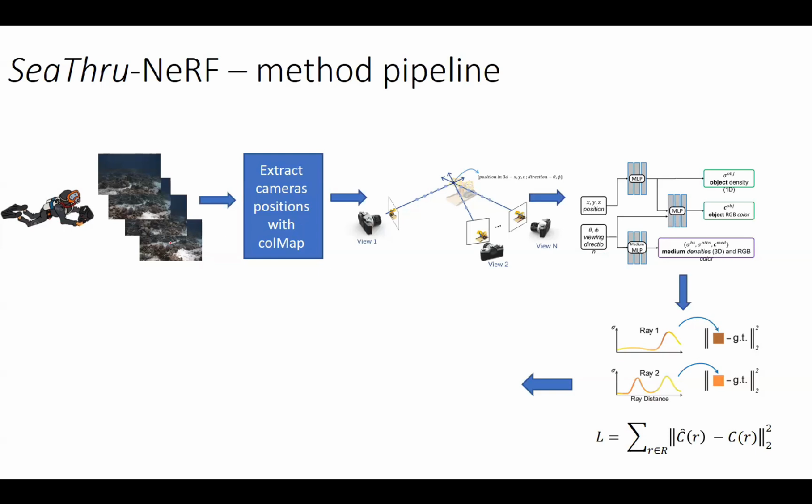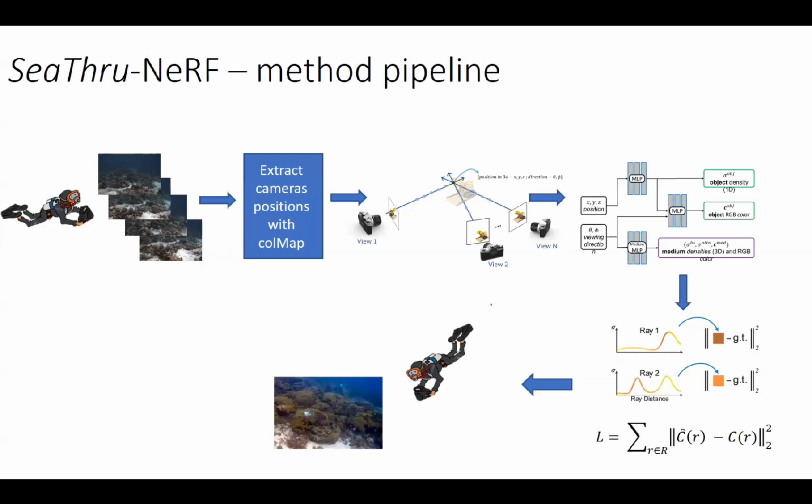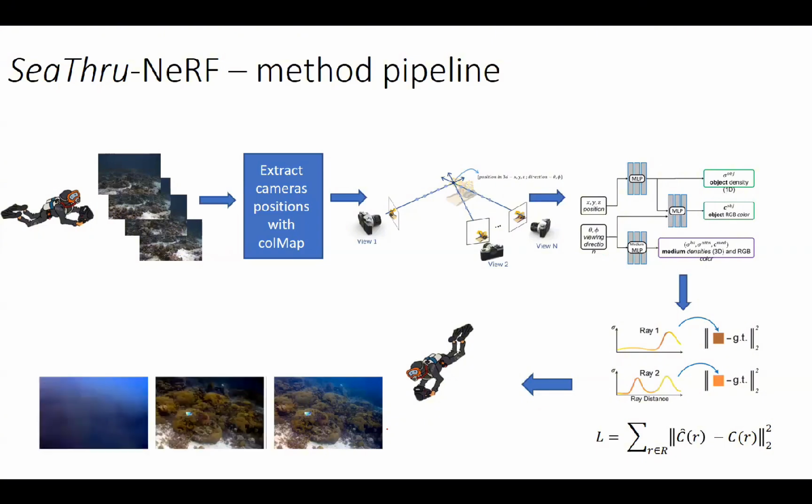And now that we did this, at inference time we can take a different viewing direction, different from the input set of capturing directions and positions. And from a new direction, we can now synthesize a new image, which is an underwater image, and also a clean restored image as if we had no water.